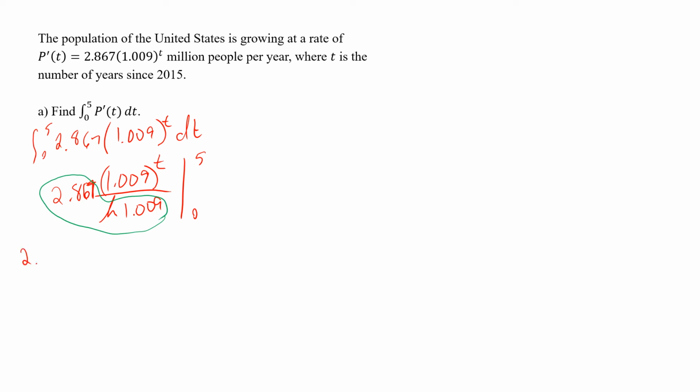So we could have 2.867 over natural log of 1.009, then times, we can plug in 5, 1.009 to the fifth, minus plug in 0, 1.009 to the 0, and then we simplify. The 1.009 to the 0 is just going to be 1. The 1.009 to the fifth is going to be something different.